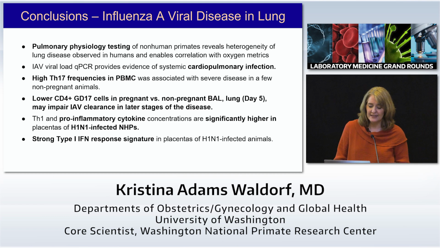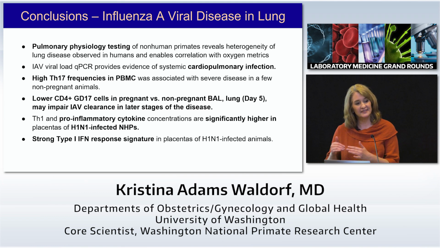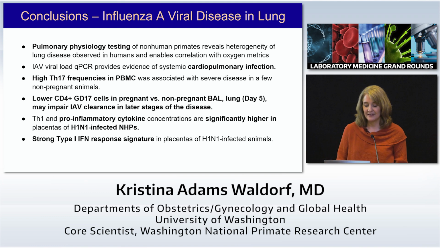We've got lower CD4 positive gamma delta 17 cells in pregnant versus non-pregnant bronchoalveolar lavage and lung at day 5, which may impair flu clearance in later stages of the disease. So the question is, if we took the model out another 3, 4, 5 days, would we see a greater difference in some of these immune cell populations?